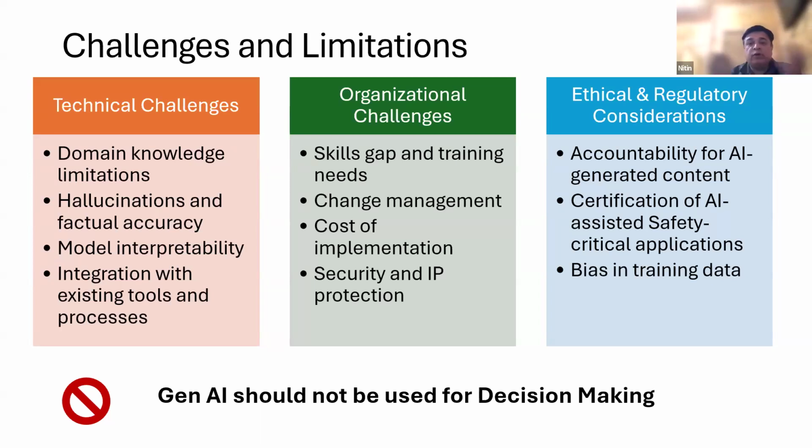Other aspects are regulatory environments and ethical considerations. Now, who owns the accountability of AI generated content? We talked about how AI generated content is dependent upon the training and the prompting. So if AI content is generated and it's not meeting the intended results, who are you going to blame?